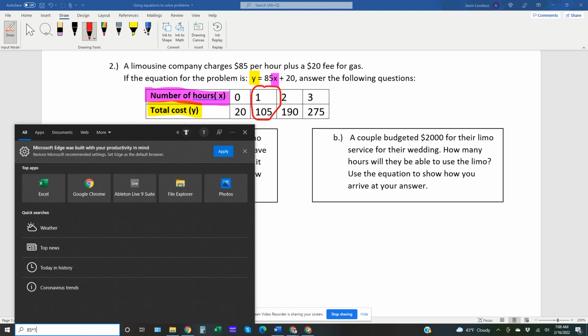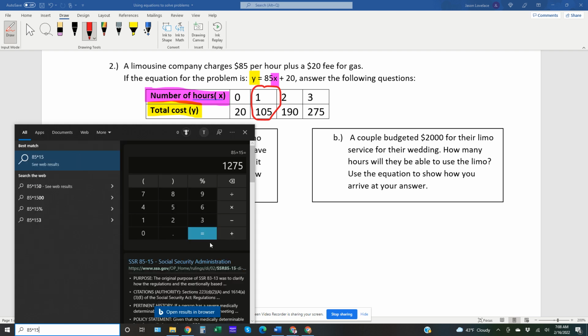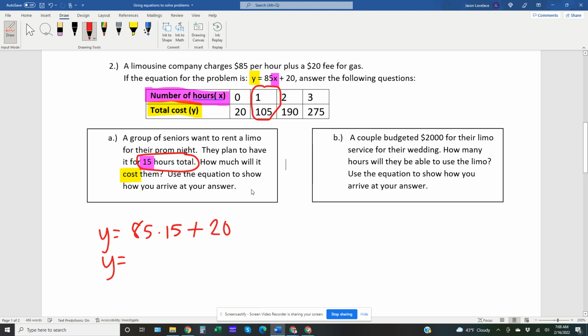That one I do not know off the top of my head. 85 times 15 is 1,275. Okay, plus my $20 flat fee means that the total cost, Y, is going to be $1,295. Okay, $1,295 for a rental of 15 hours.